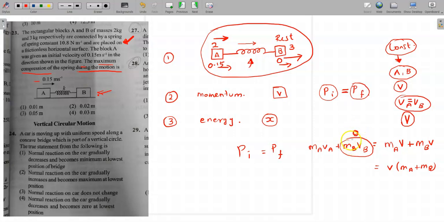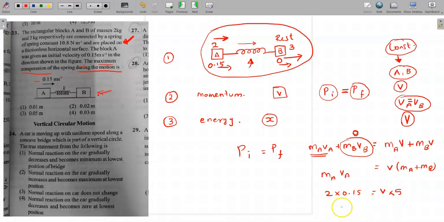Here you have mass A and velocity A given: 2 times 0.15. And mass A plus mass B is 2 plus 3, 5.